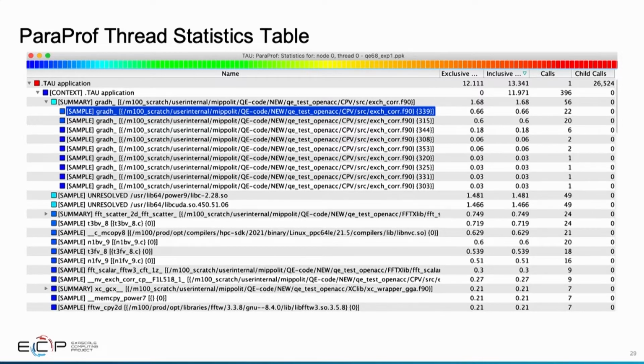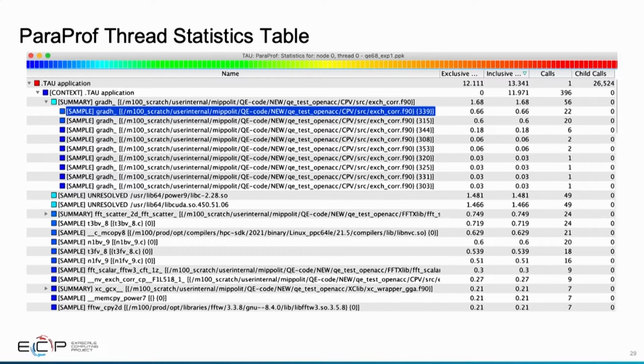So you can see now that there's an exchange_core.f90. At line 339, it spent 0.66 seconds. So you can go right down to the statement level, you can go down to the function level, you can look at the MPI data, you can look at the CUDA data with no change to your binary. Okay?